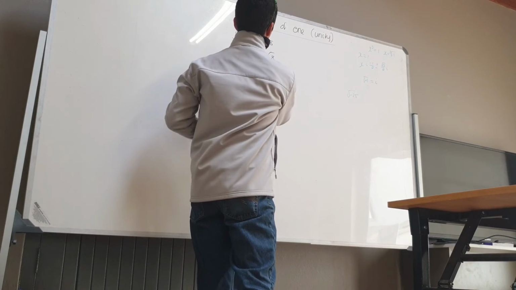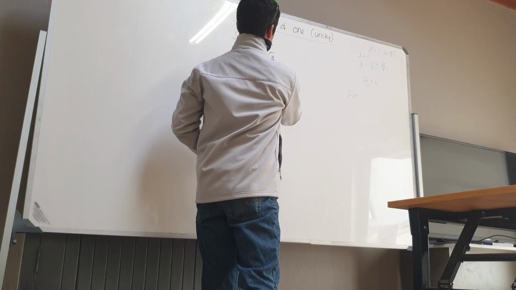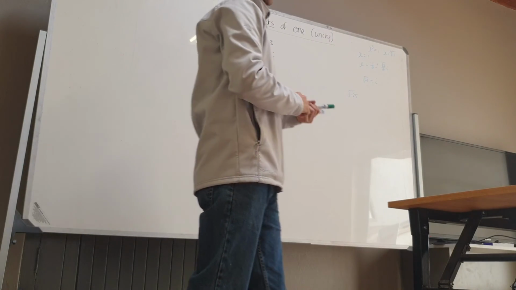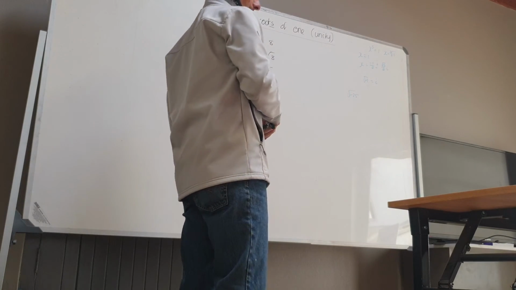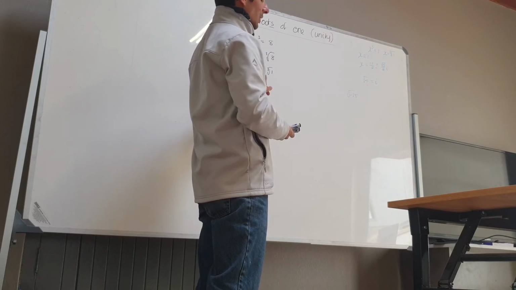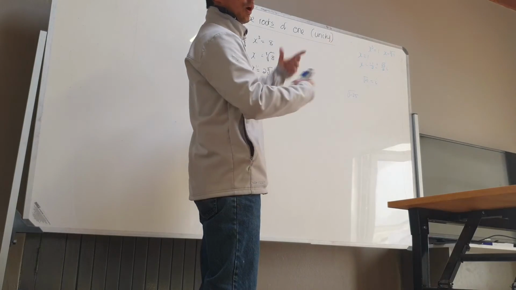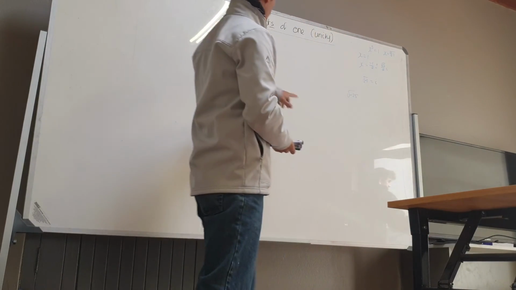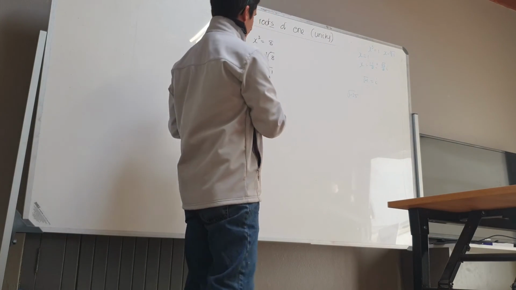I can pull out 2, so I'm going to get x equal to 2 times the cube root of 1, which we now know, is there only one solution to the cube root of 1? No, we were lied to. So my solutions are just going to be twice the cube root of 1, and I can use the cube root of 1's solutions to help me solve this, instead of having to redo all the work.